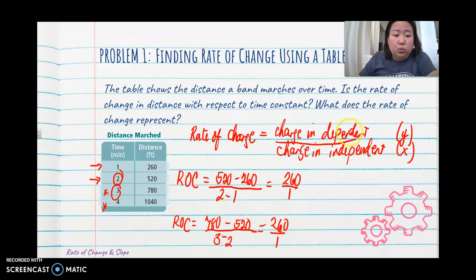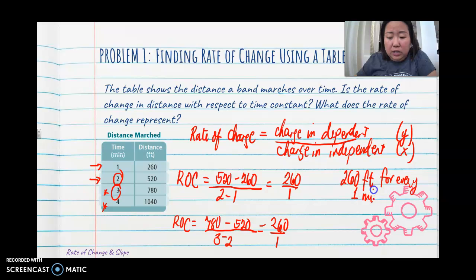So the question is, what does that rate of change represent? 260, if you would remember, is the distance. So what does that mean? The band gets to march 260 feet for every 1 minute.